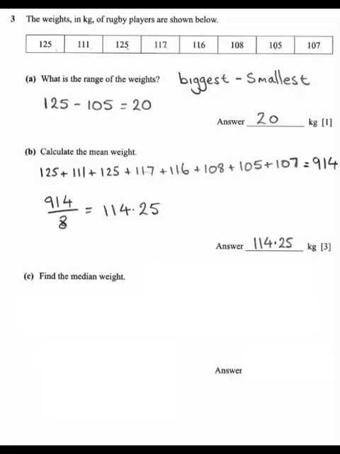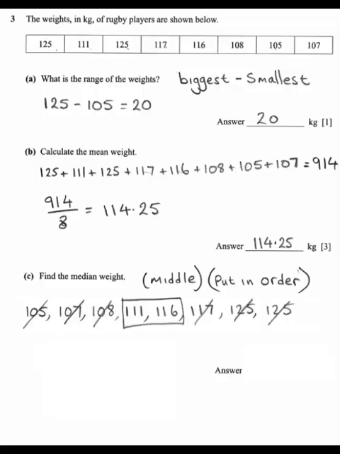So the next one, question C, it says find your median weight. Median is just the middle number, but first of all, you have to put those numbers in order. So when you put them in order, you can cancel biggest, smallest, biggest, smallest, biggest, smallest until you get to the middle.